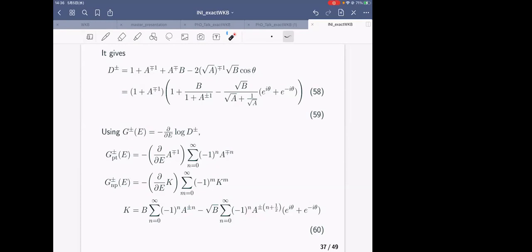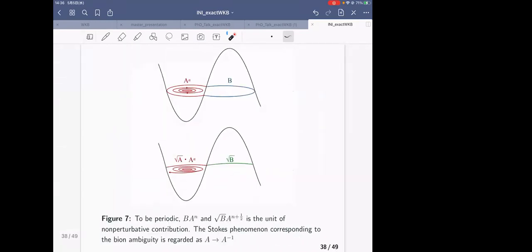So you can say this quantity is like the baryon contribution, and this quantity is the instanton contribution. And the instanton contribution has this theta angle. Actually, this is the topological charge of the instanton. And the Stokes phenomenon is the same as in the case of the W potential, just the inverse of the perturbative cycle.